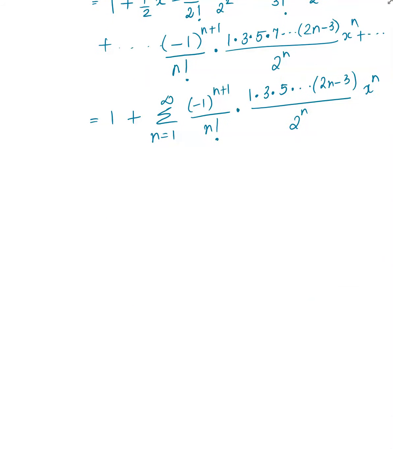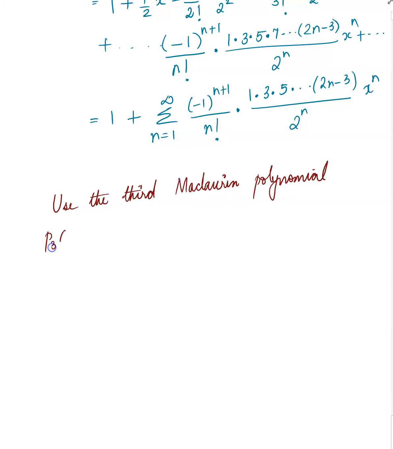Next we say, use the third Maclaurin polynomial P3 of x to estimate square root of 1.5.